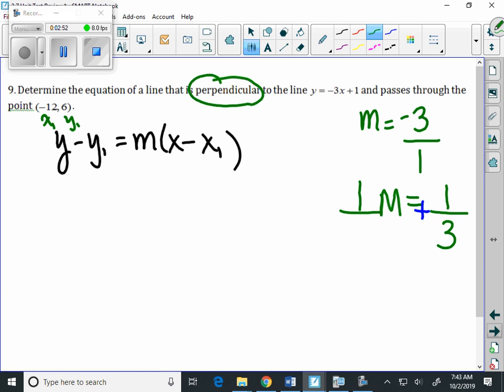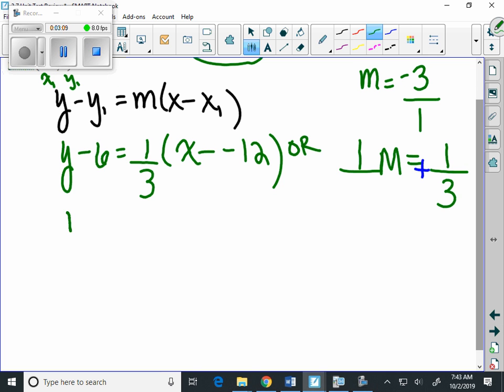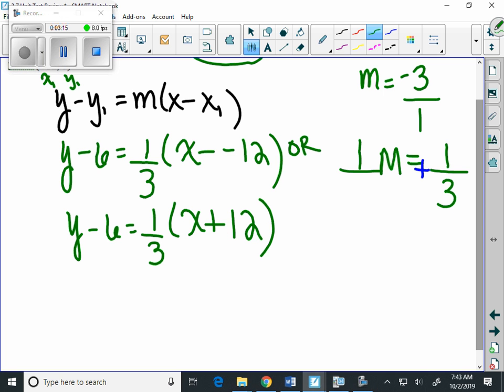So this becomes y minus 6 equals our perpendicular slope. It's going to be the 1/3 times x minus the -12. And you can leave it like that, or y minus 6 equals 1/3 times x plus 12, double negative.